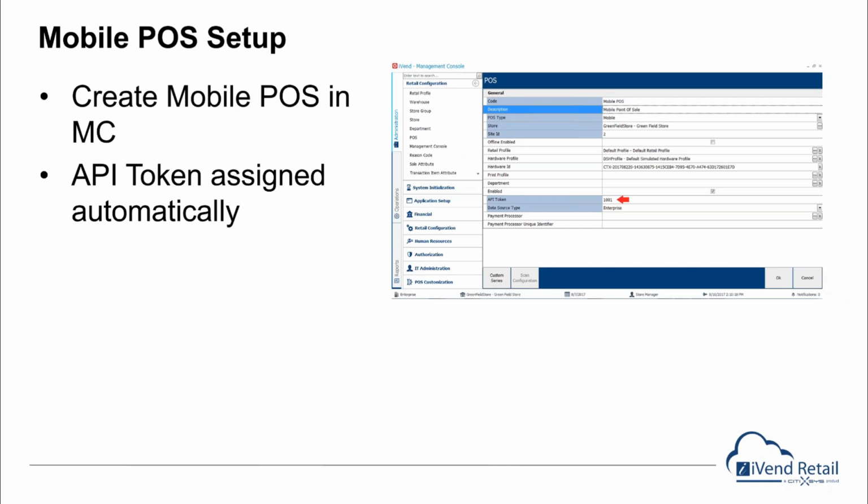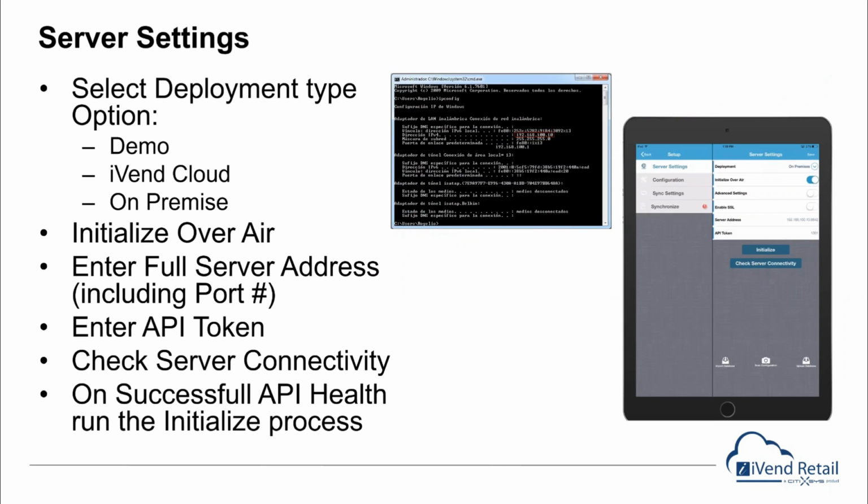As you can see on the screen, once you select the mobile POS type, you will get the API token assigned automatically, and that's the API token that you are going to use in the next step on your mobile phone, or your mobile device rather.